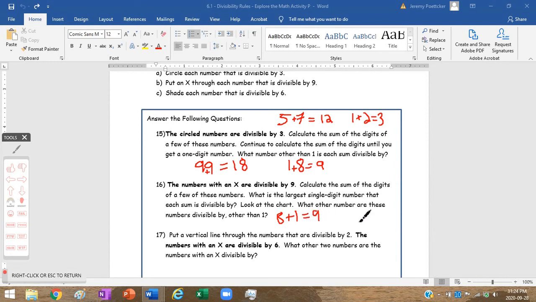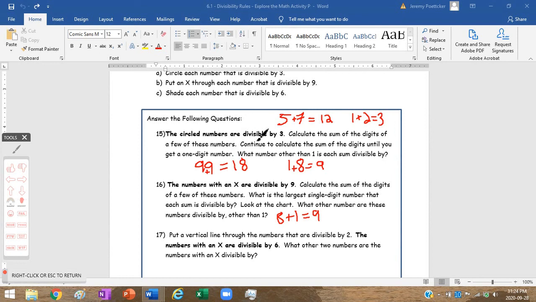For numbers with an X, divisible by 9, you're going to essentially do the same thing. Calculate the sum of the digits of a few of these numbers. Let's look at 81. 8 plus 1 is 9. 9 is definitely divisible by 9.